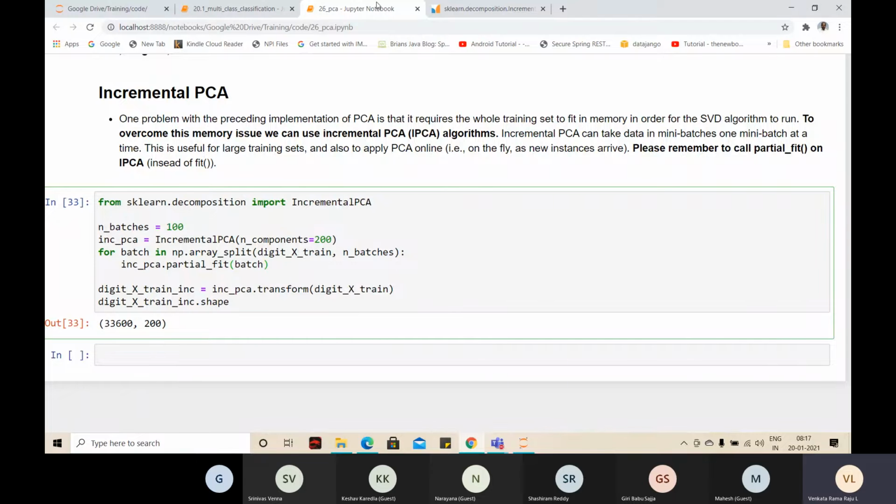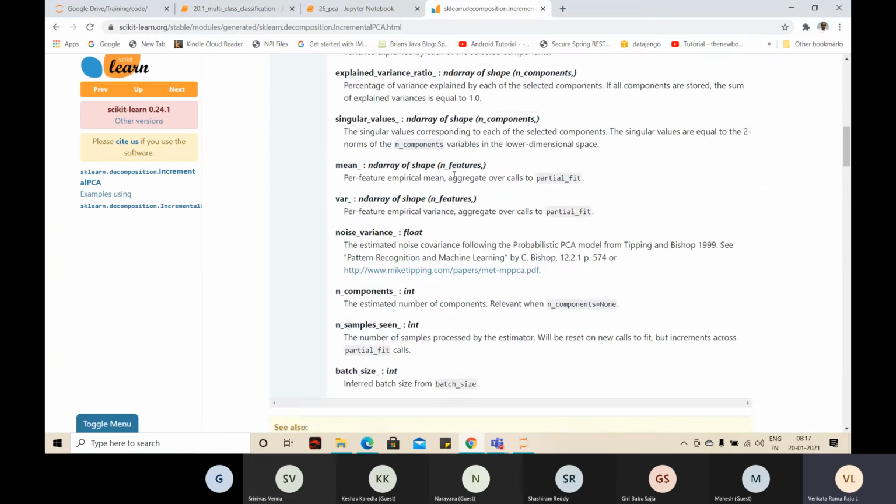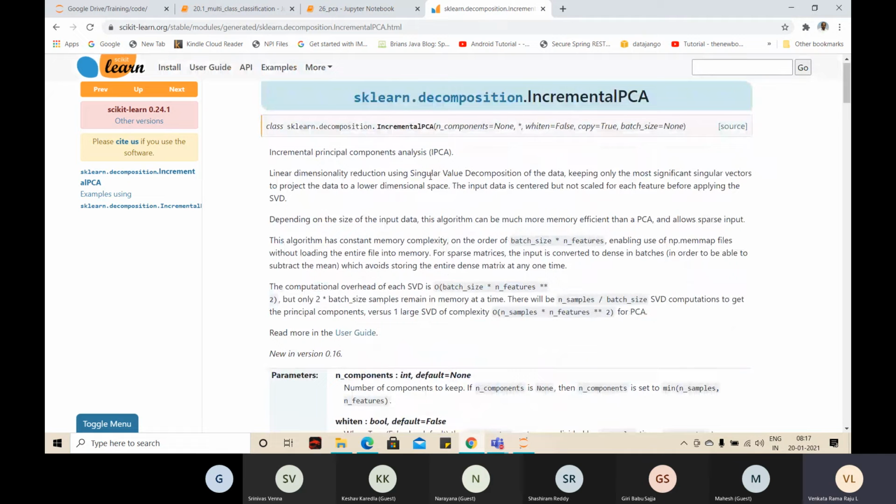We'll see singular value decomposition as a mathematical technique. If you look at this, they say linear dimensionality reduction using singular value decomposition. I explained principal component analysis, sorry, eigenvalue decomposition. So far for PCA, I said eigenvalue decomposition.